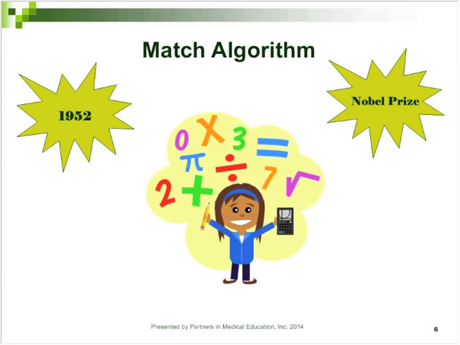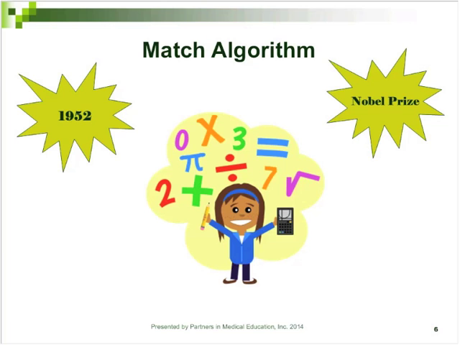In a nutshell, the match process links candidates' first preferences with programs' first preferences. So if I list hospital A, B, and C as my choices, and hospital A does not rank me, then the system will move to hospital B to see if they've ranked me, and so on down the list.